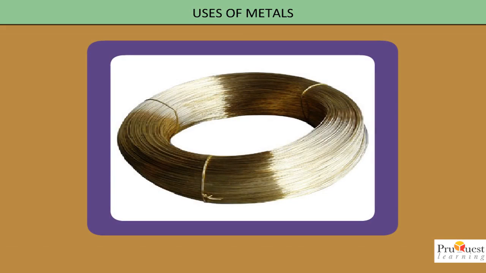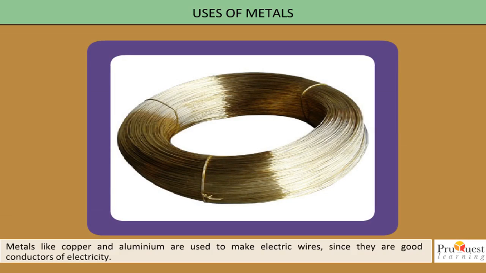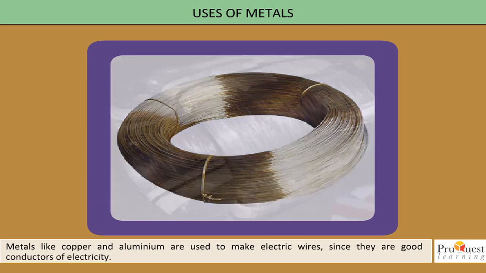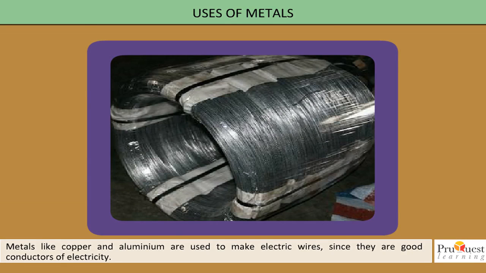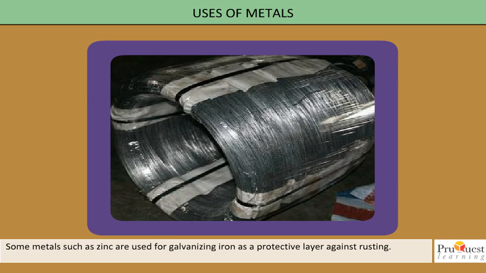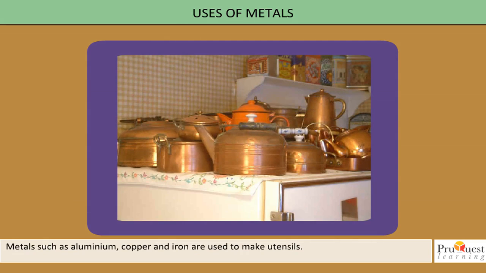Uses of metals. Metals like copper and aluminium are used to make electric wires since they are good conductors of electricity. Some metals, such as zinc, are used for galvanizing iron as a protective layer against rusting. Metals such as aluminium, copper, and iron are used to make utensils.